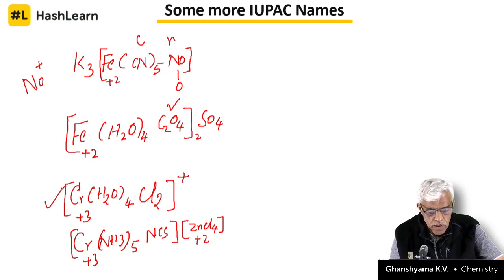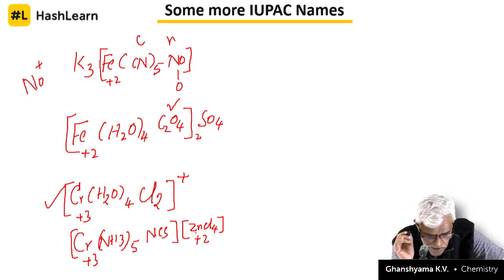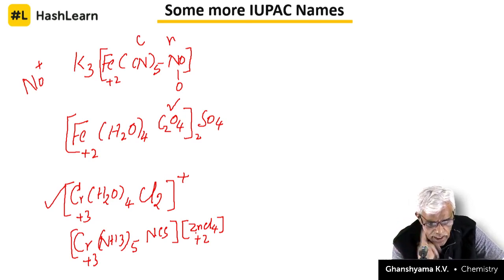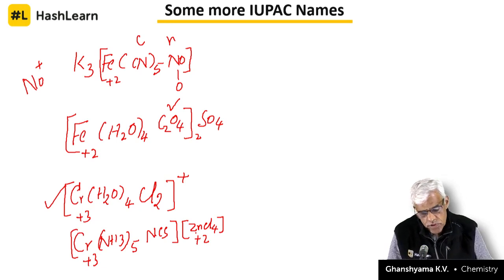Tetra-aqua dichlorido chromium 3 ion. And this one, this is coordination complex having both cation and the anionic complexes. How to write this?